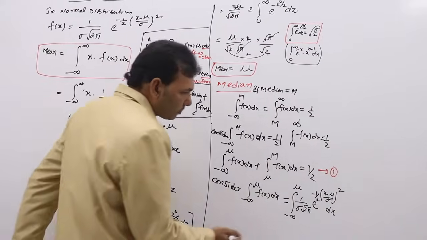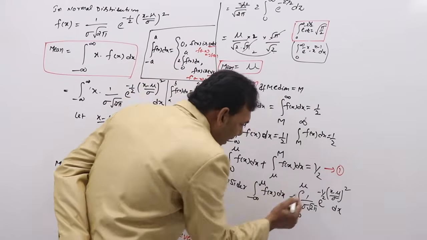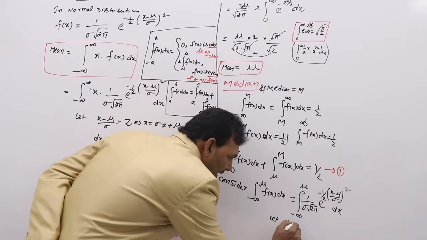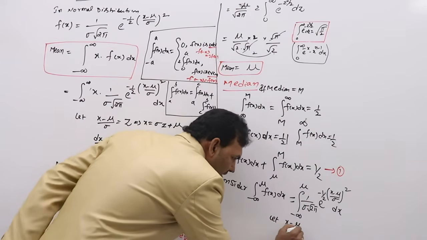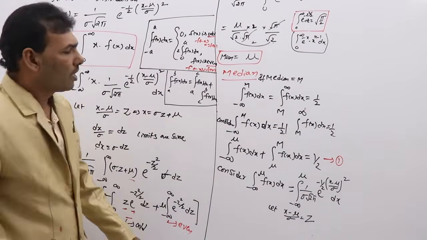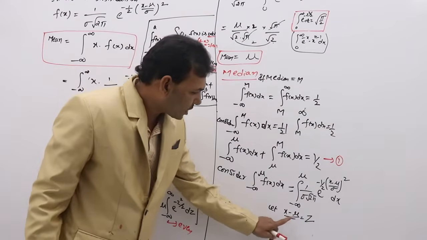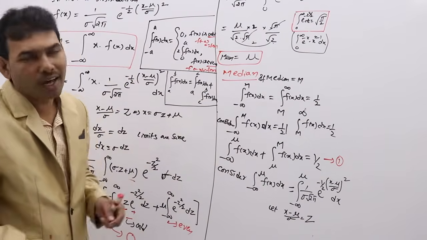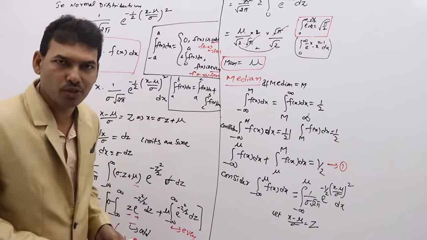Now to evaluate this integral in the normal distribution, generally we take a standard substitution, that is (x minus mu) by sigma as z, as I said earlier. Because we take (x minus mu) by sigma equal to z for every derivation, we call the normal distribution the z distribution also.